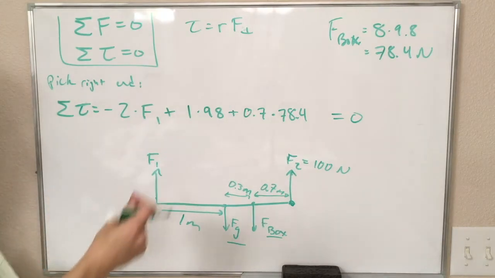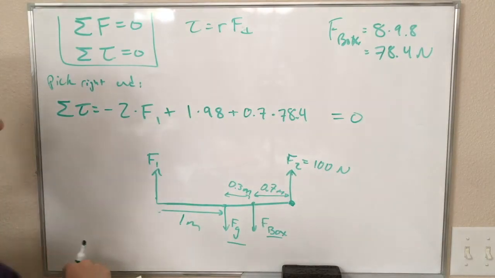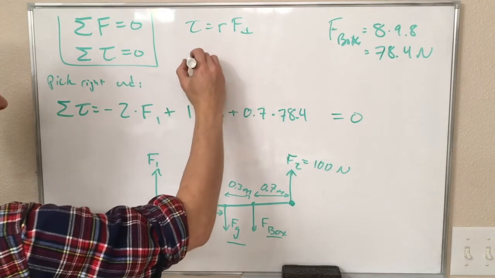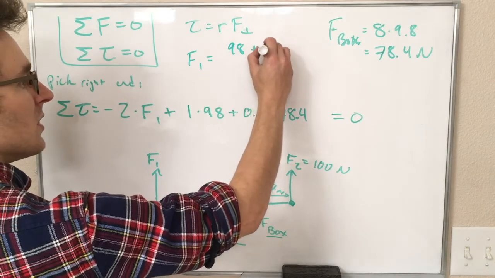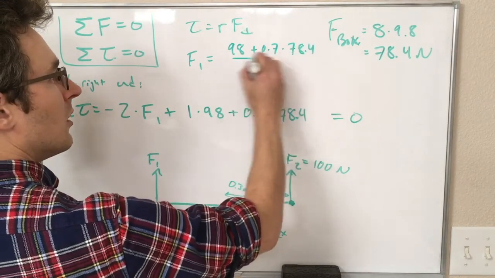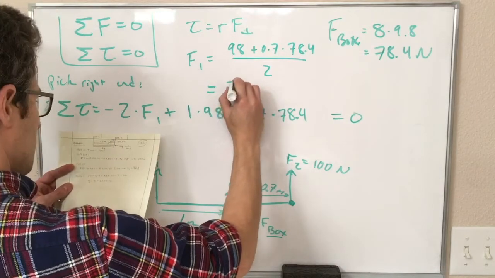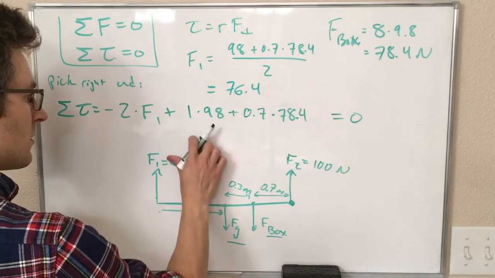All right, so now we have an equation where F1 is the only thing we don't know, so we can solve for that. So F1 is equal to 98 plus 0.7 times 78.4 over 2, and this is equal to 76.4 newtons.